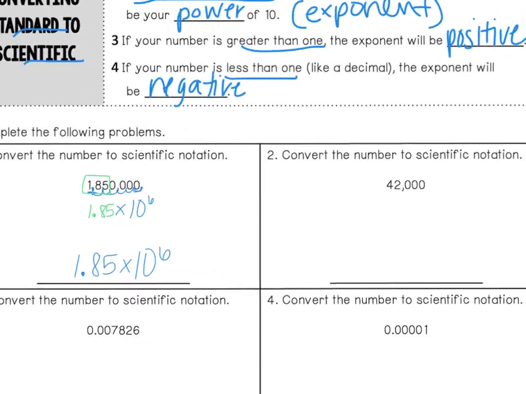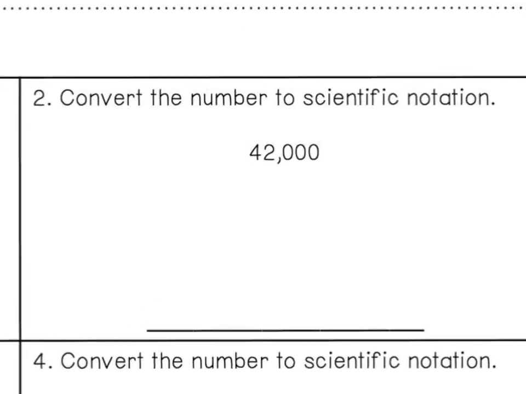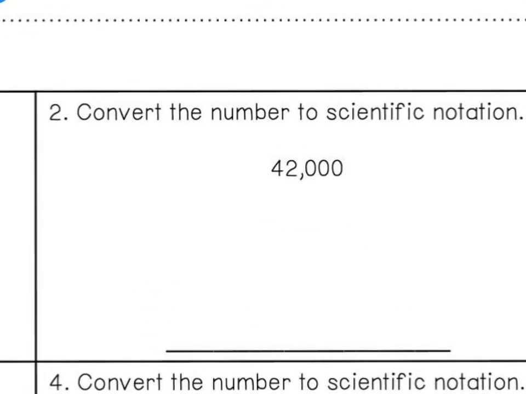We're going to do some more examples. Convert the number to scientific notation. So currently our decimal is right here, and I'm going to count the number of spaces that we move it. 1, 2, 3, 4. So if I move it to between the 4 and 2, it will give me a number that is between 1 and 10. 4.2 would fall between 1 and 10 on a number line.